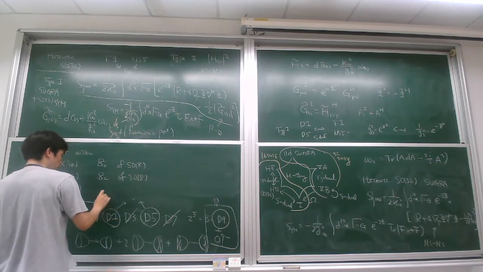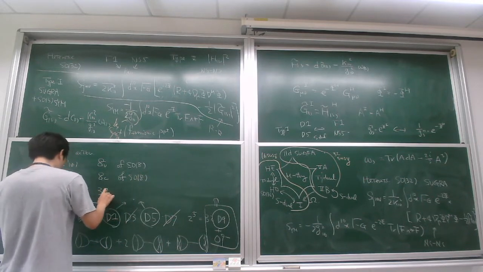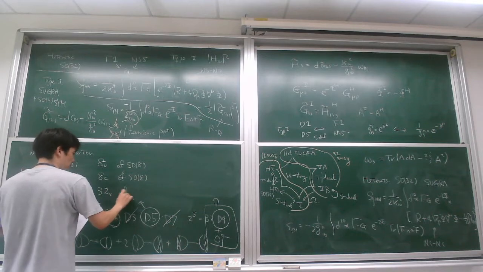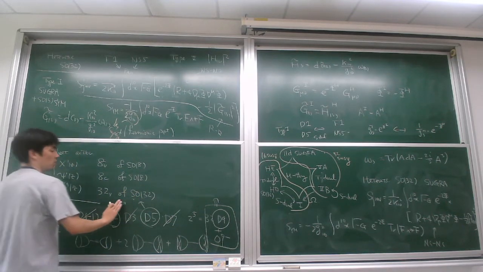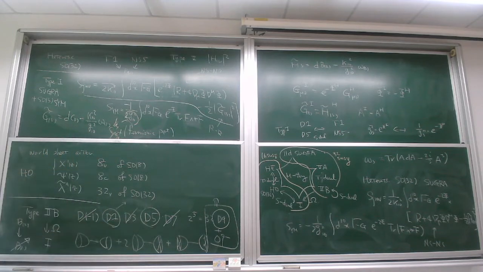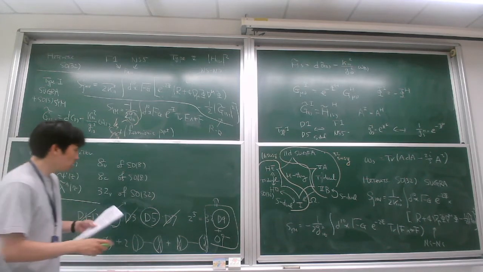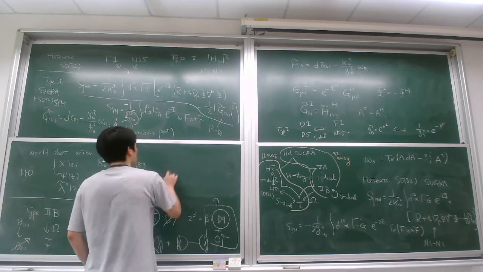On the other hand, you have 32 vector of SO32. So that's what we saw in the other worldsheet action. So in the worldsheet action, you have A runs from 1 to 32. And indeed, this corresponds to type 1.